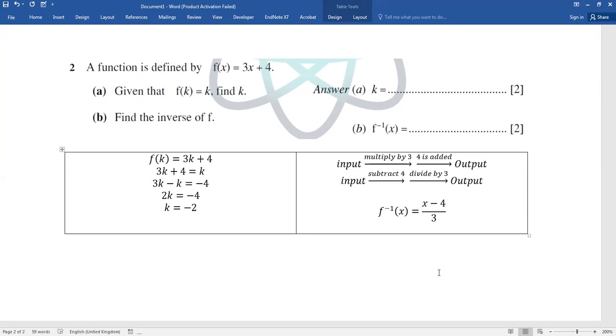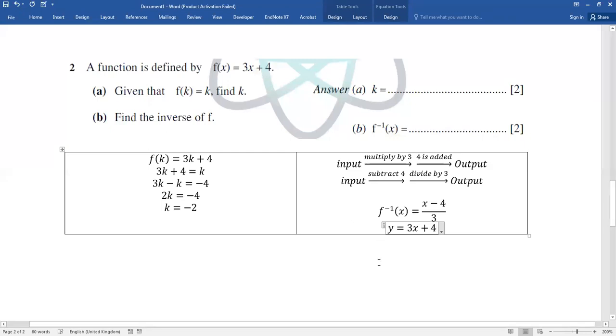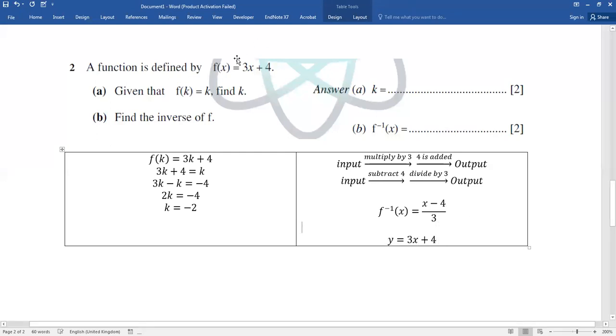Yes sir. Okay. Now, how do we make an inverse? First we write the whole thing as equal to y because that makes the algebra very easy for us. I'm telling you the entire method of getting this. So first I wrote the original function 3x plus 4 as y. What is our input right now?